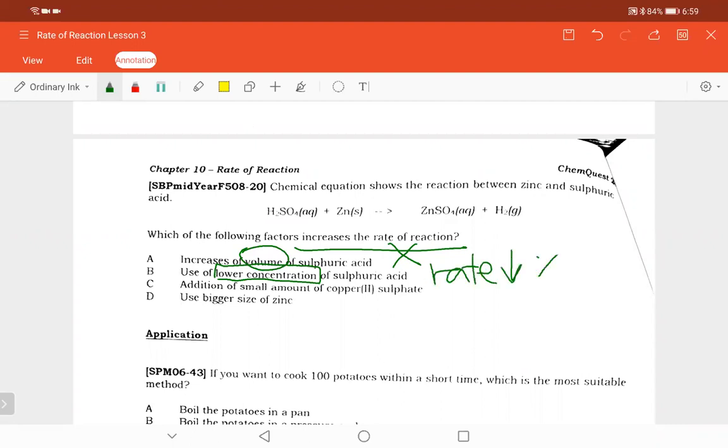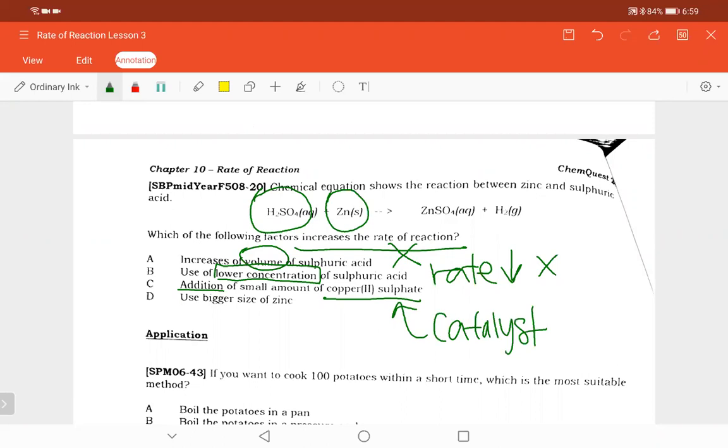C, add a small amount of copper sulfate. When you add an extra substance, you see, we have sulfuric acid and zinc. All of a sudden, they add a new filler, copper sulfate. This one has to be a catalyst. You don't need to memorize copper sulfate as the catalyst.